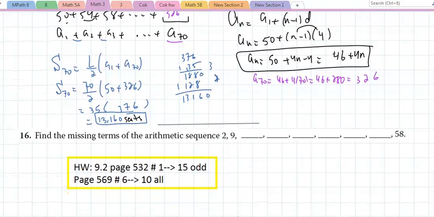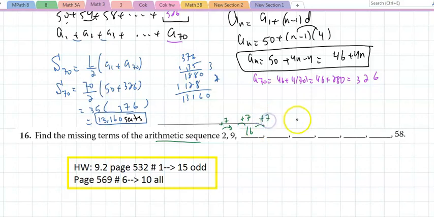How about here? It says, find the missing terms. This is an arithmetic sequence. 2, 9. If it's arithmetic, what did you add to 2 to get 9? You added 7. Add another 7, that's 16. Add another 7. That is 23.